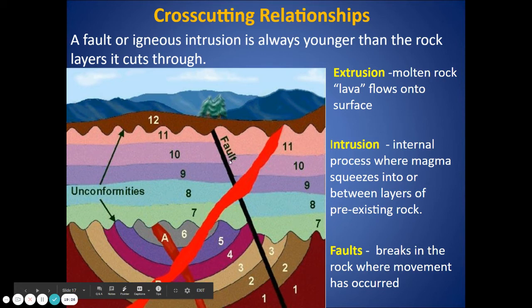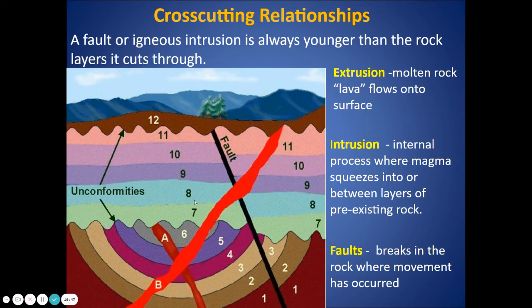So this fault has to be the next one, because look, does this other intrusion go over top of the fault? So if this nice little intrusion goes on top of the fault, that means that fault was already there before. So the fault has to be older.